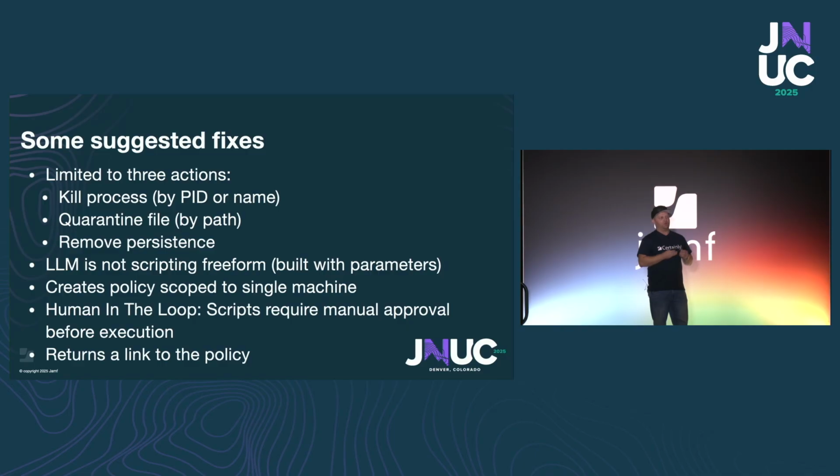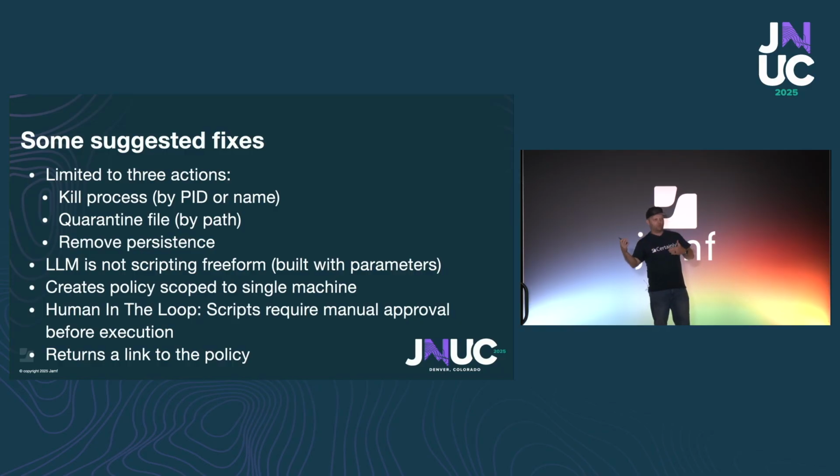But it is a pre-made script that has parameters that has, again, been provided by our team as well as help from the Jamf Protect Threat Labs team. And the AI can fill in these parameters for things like PID or process name, file path, whatnot. And it can provide different actions that it will take, such as killing processes, quarantining files, removing persistence, which is a fancy word for if you reboot your computer, that malware is going to start itself back up.